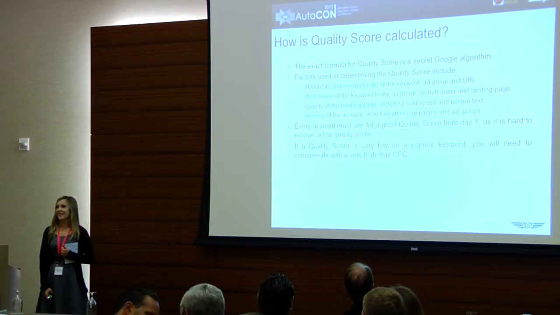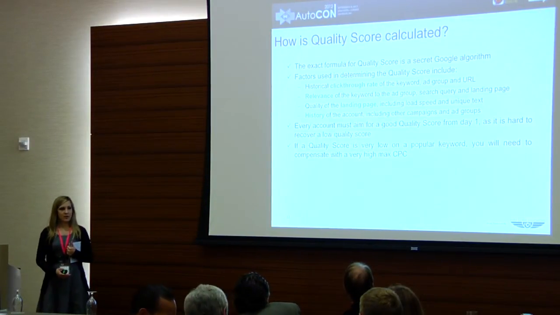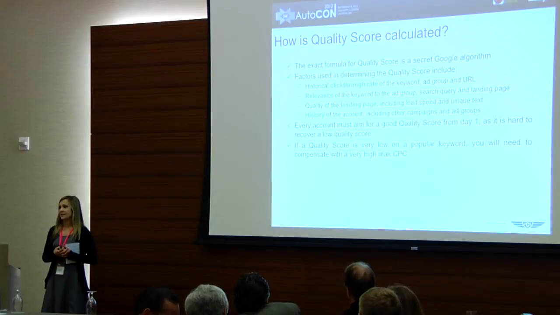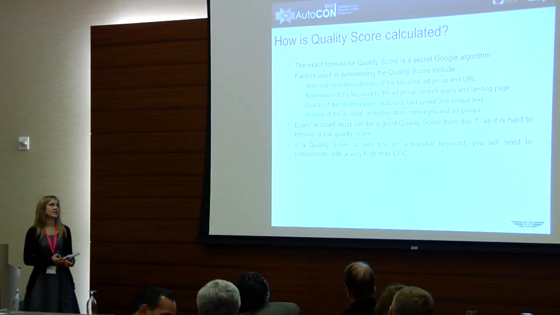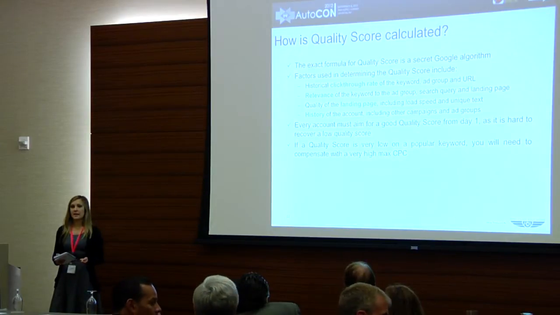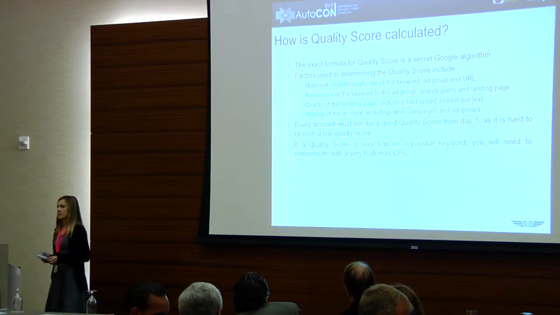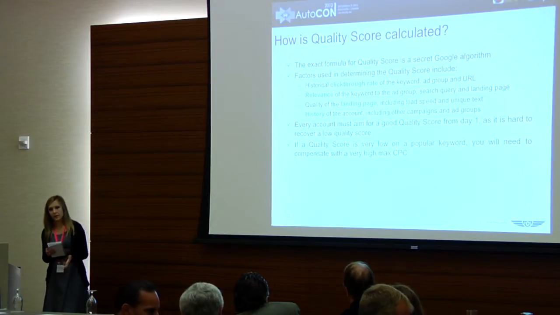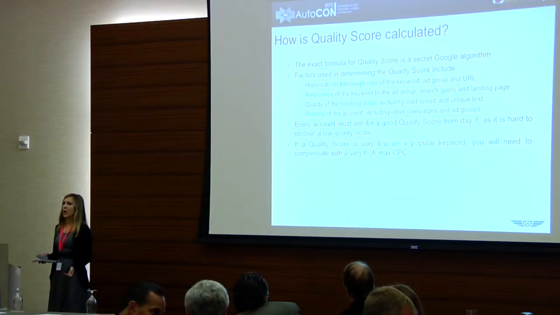Quality score. I do want to talk about quality score a little bit because I feel like behind Google Places, this is the next most popular concept I'm asked about. So quality score is not the end-all be-all. It's not the metric that will define the success of your campaign. It's one of the things to look at. If all of your keywords are 2s and 3s, that is a problem.